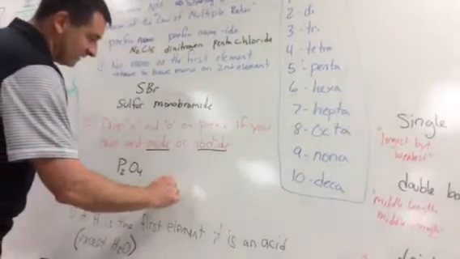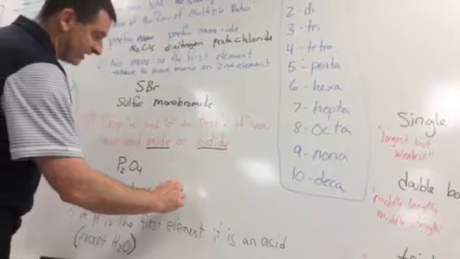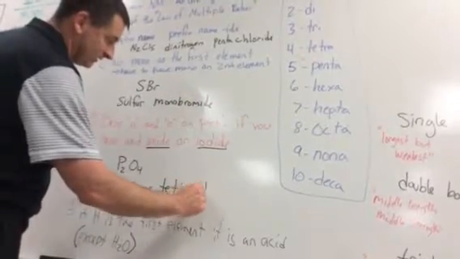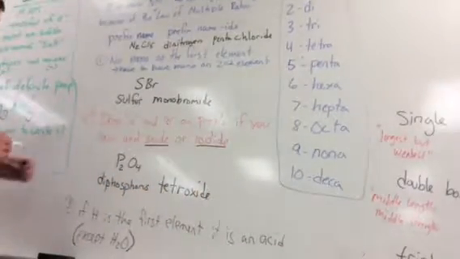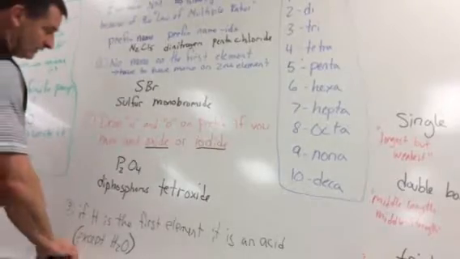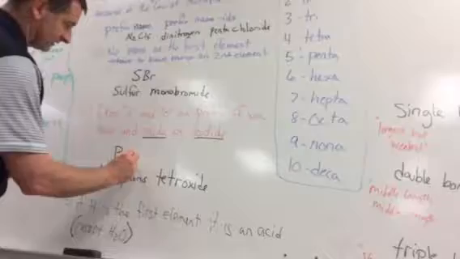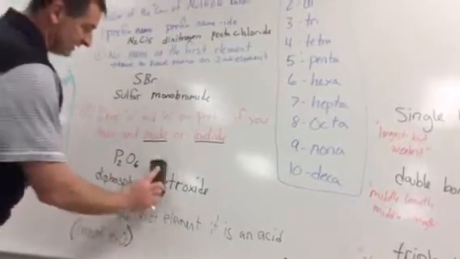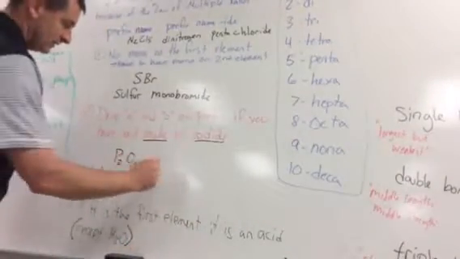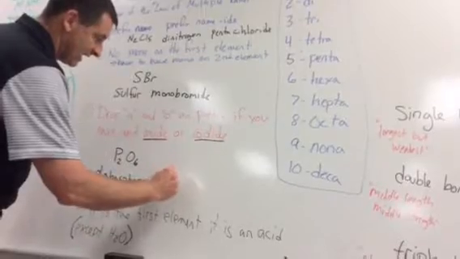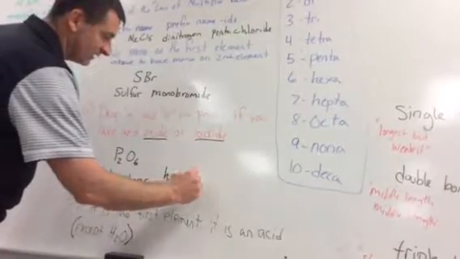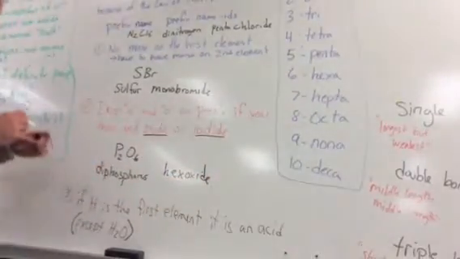And then instead of tetraoxide, it's tetroxide. So I drop that A. All right? And if it was P2O6, then instead of being diphosphorus, and then this is hexaoxide, I drop the A from that.